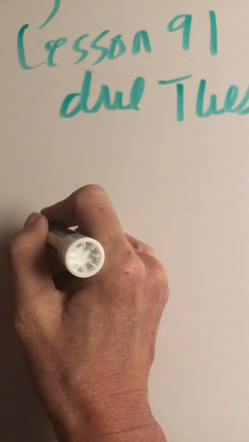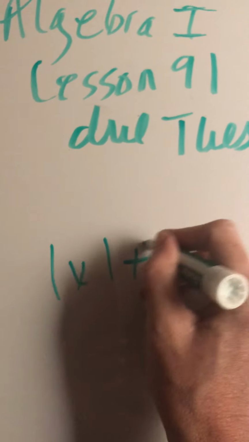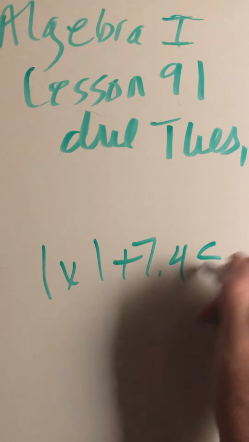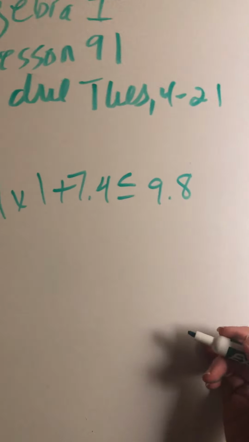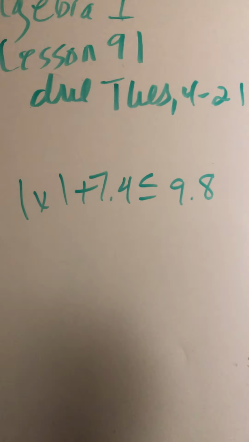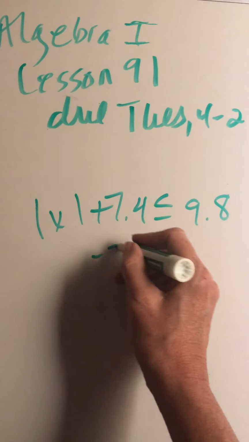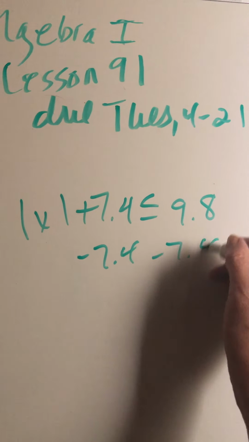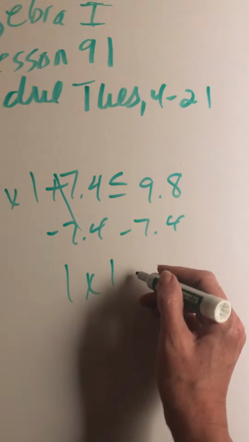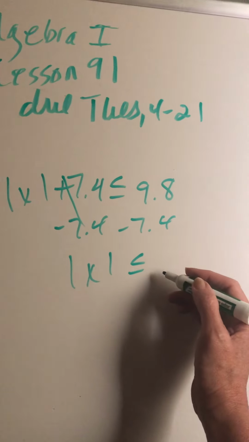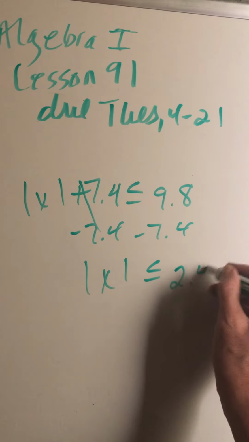And you will see problems where you have to isolate the absolute value. So absolute value of x plus 7.4 is less than or equal to 9.8. So you're going to subtract 7.4. That's going to give you absolute value of x is less than or equal to 2.4.